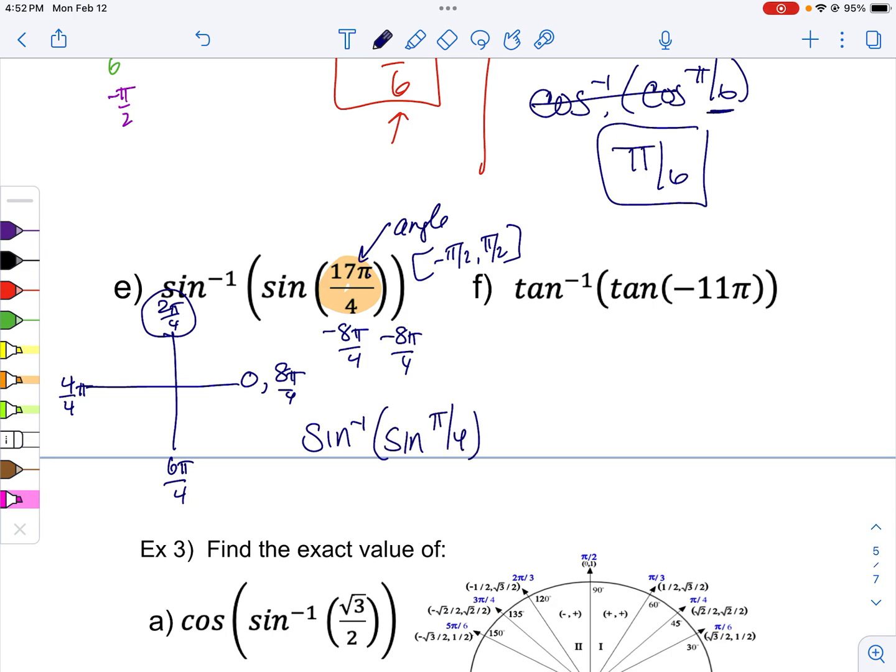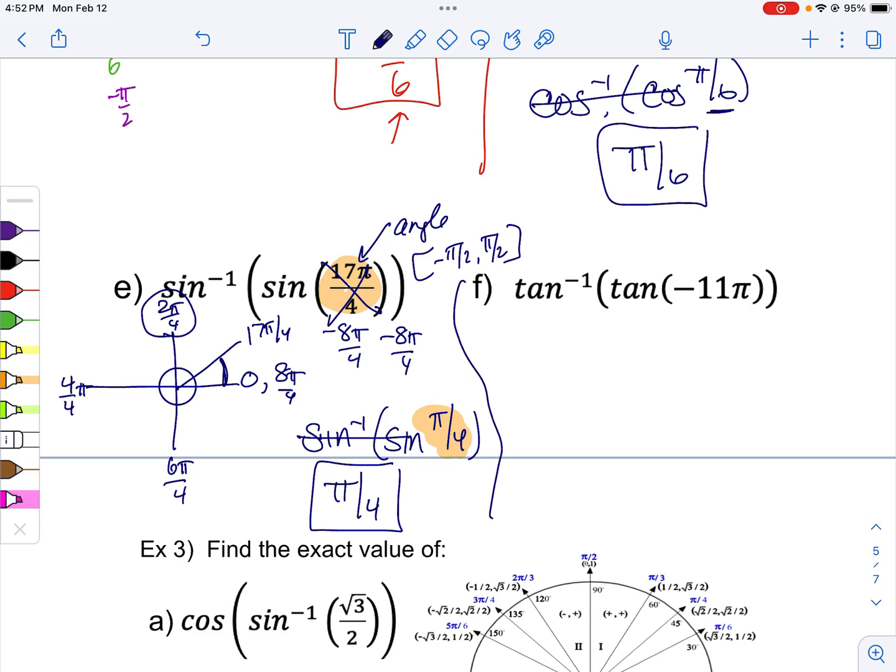Because I know that 17π/4, if I went around the circle once, that's 8. If I go around again, that's 16. If I go one more, that gives me 17π/4, and that's just 1π/4 away. So 17π/4 can be replaced by π/4, and now, since π/4 is in that restricted domain, the sine and inverse sine cancel, and I get π/4 as my answer.